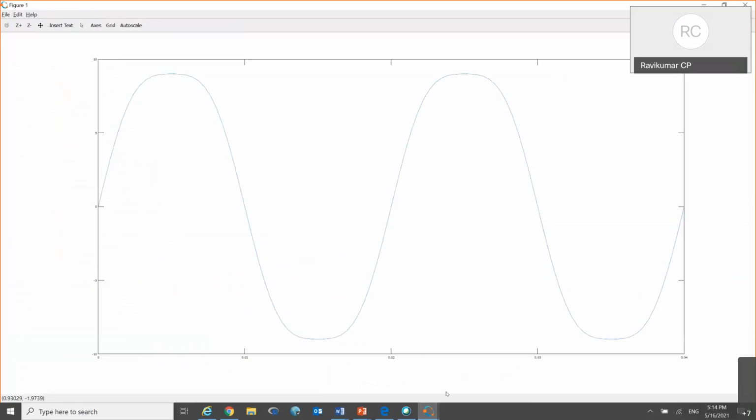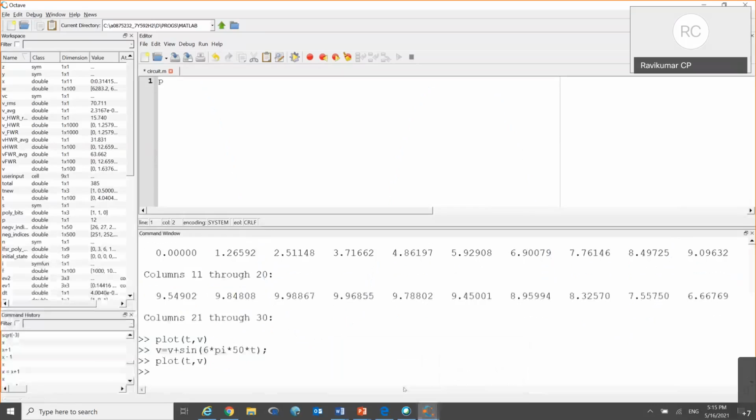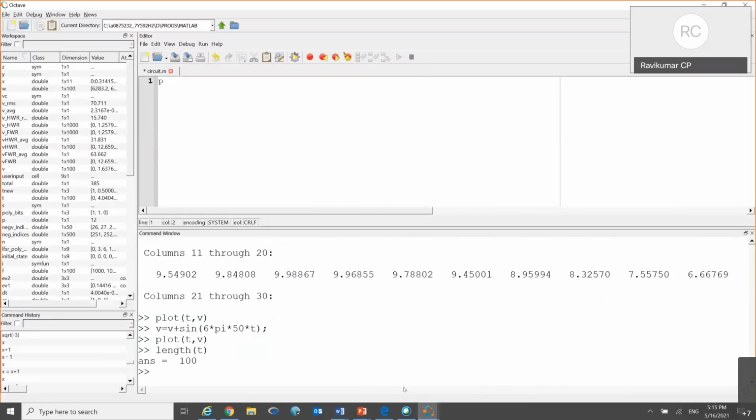So this is a slightly distorted sinusoidal waveform, because I added some harmonic. Let me add now some random data. How many points are there in V? The length of T is the number of points, 100 points.